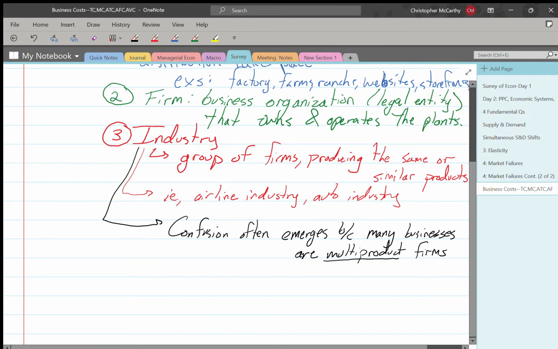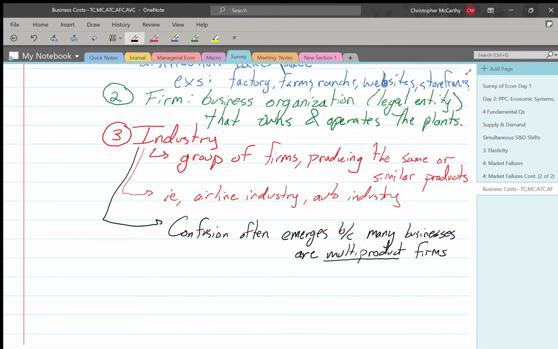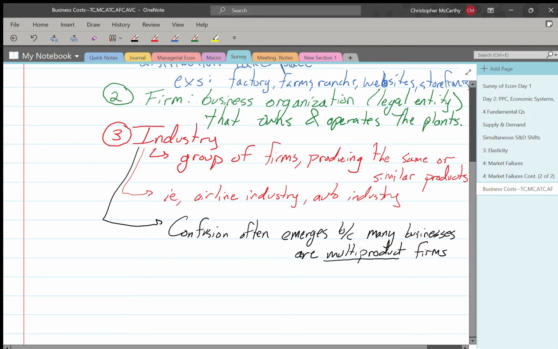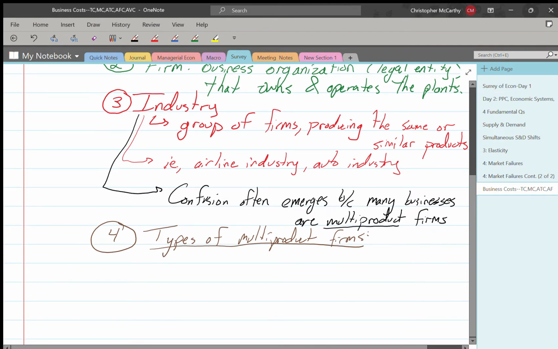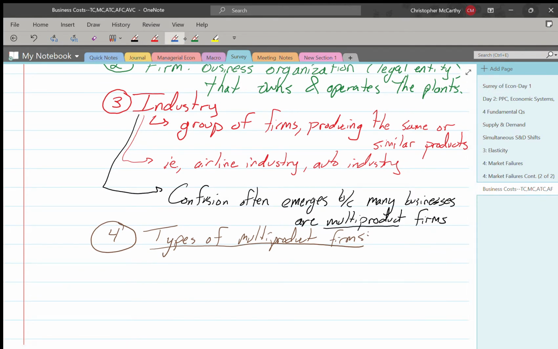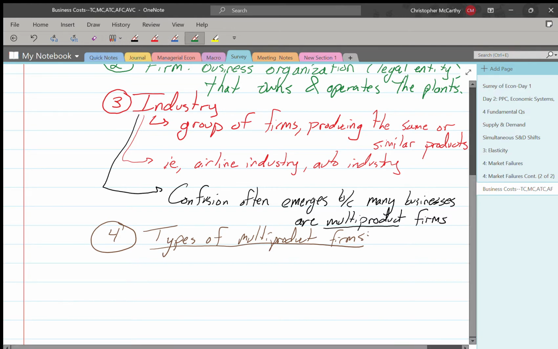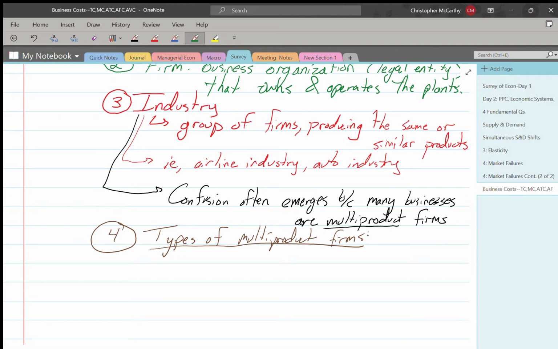And so what are the different types of multi-product firms? Great question. Let's go into it. So 4 is going to be our types of multi-product firms. We have horizontally integrated, vertically integrated, and then we have the favorite from Rocko's Modern Life, the conglomerate.